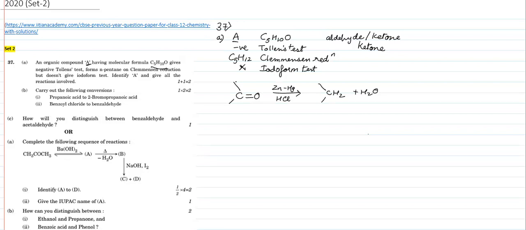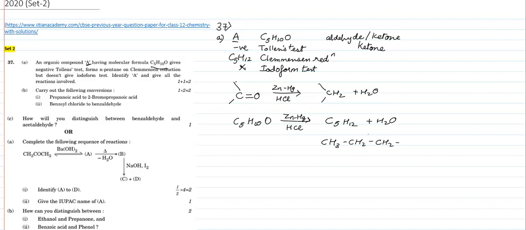So our compound C5H10O on reaction with zinc amalgam and HCl has given us C5H12 plus H2O.